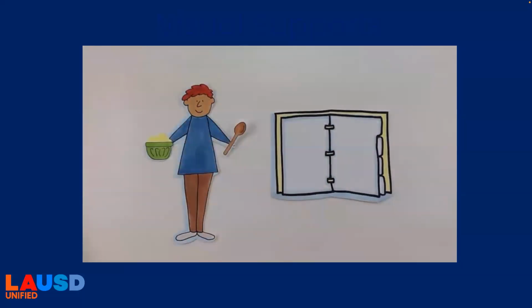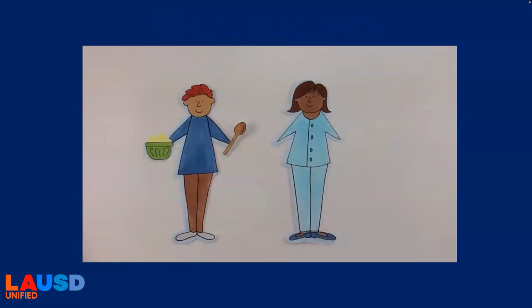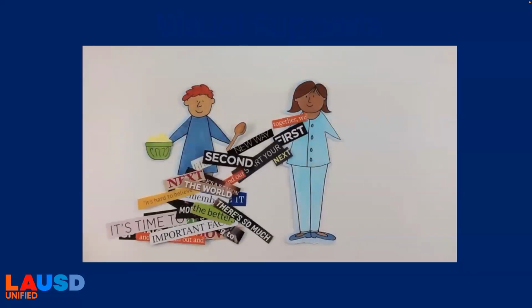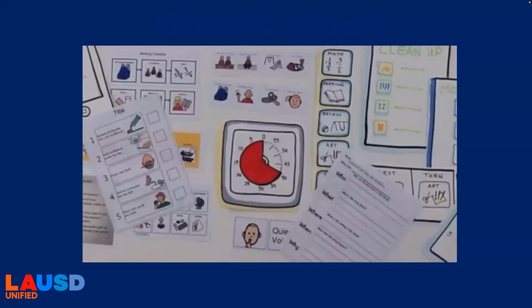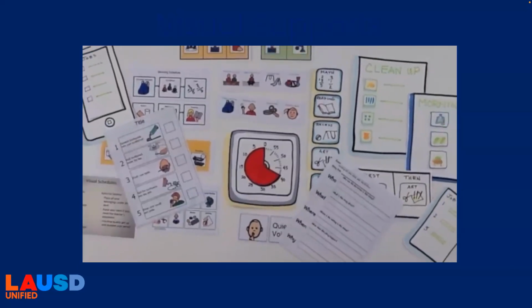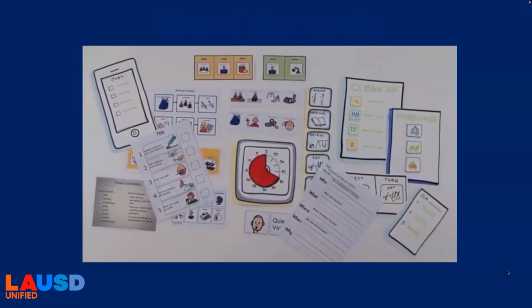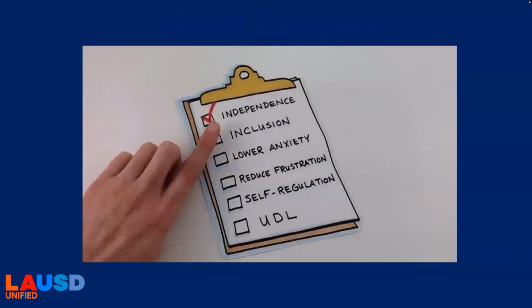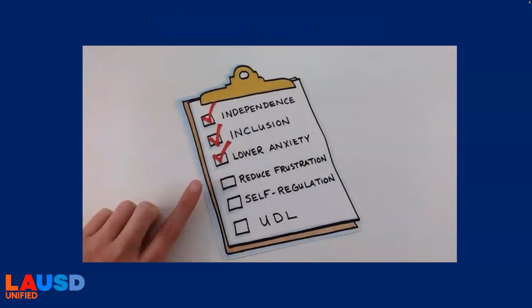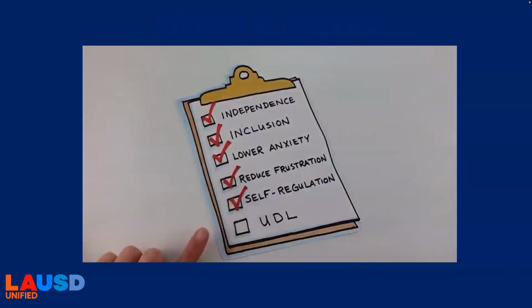Suppose we removed all visuals from your recipe book. Fortunately, we have your mother-in-law on standby. Put the ground beef, onion, and oil in a frying pan. Stir to break up the meat as it browns. We all need visuals in our life. Using more visuals throughout the day will help all students. Visuals encourage independence and inclusion. They reduce anxiety and frustration.